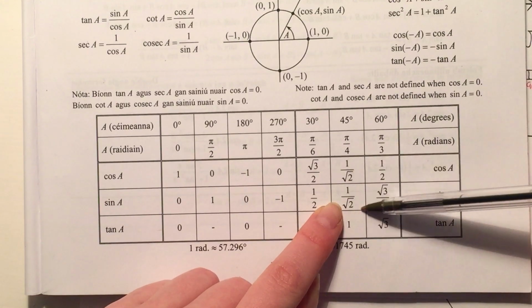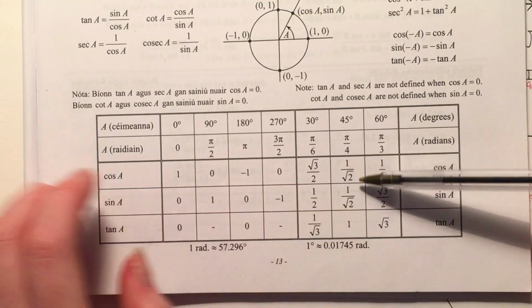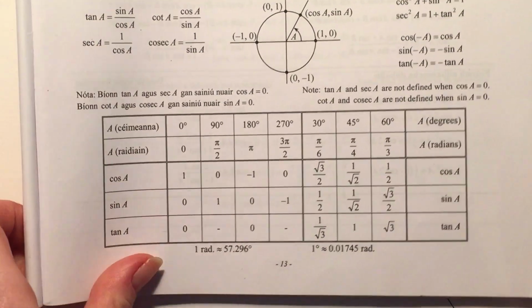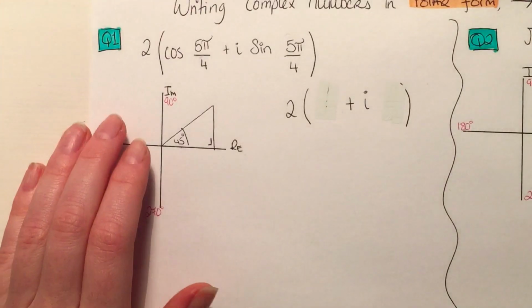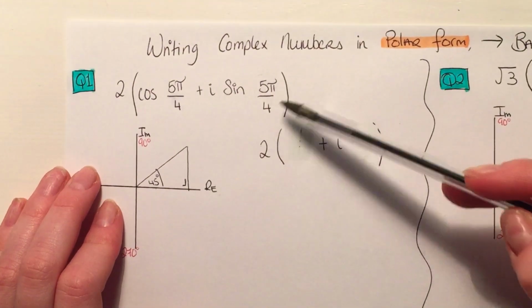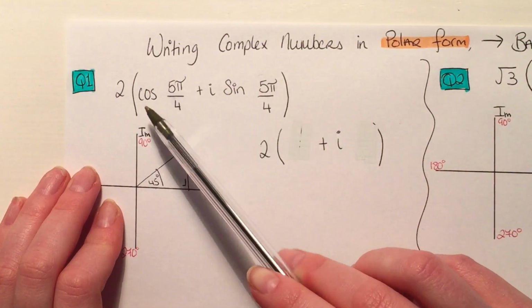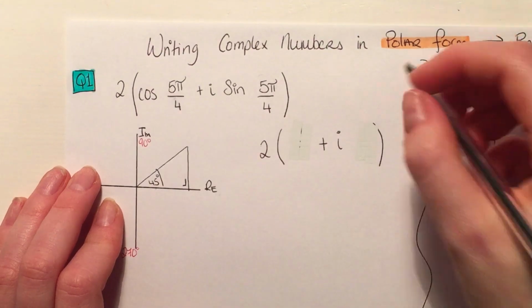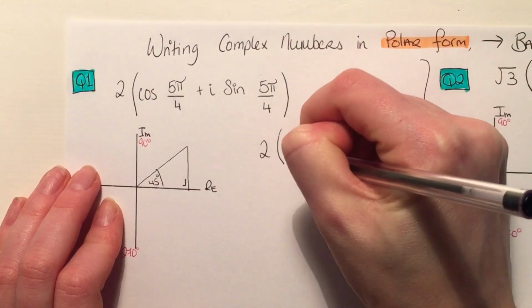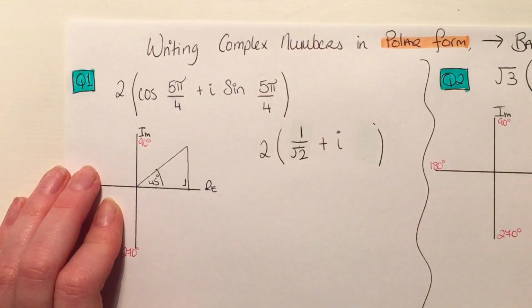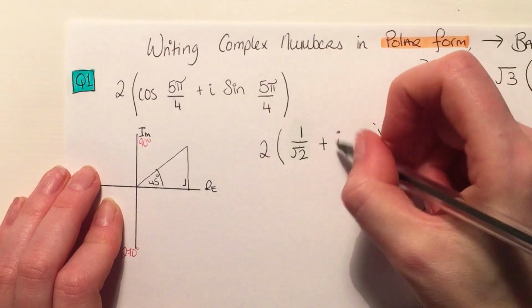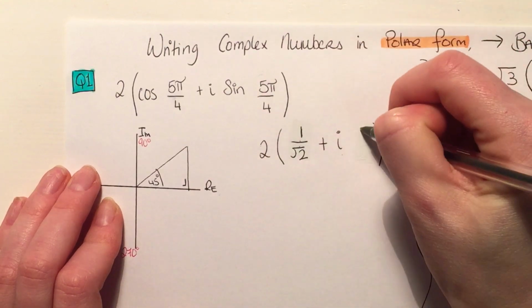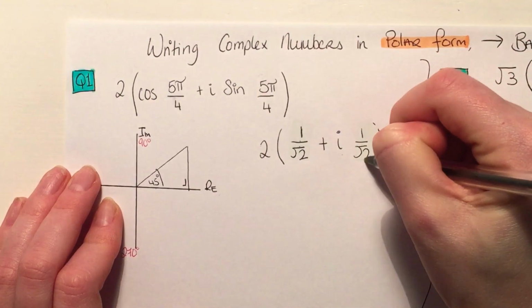Now, they're not always the same. It's just in this example here. So 1 over root 2, 1 over root 2. Okay. So now I can start to rewrite this. Instead of cos of pi over 4 times 5, I can replace that now with 1 over root 2, plus i, and we've seen that the sine of pi over 4 was also 1 over root 2.